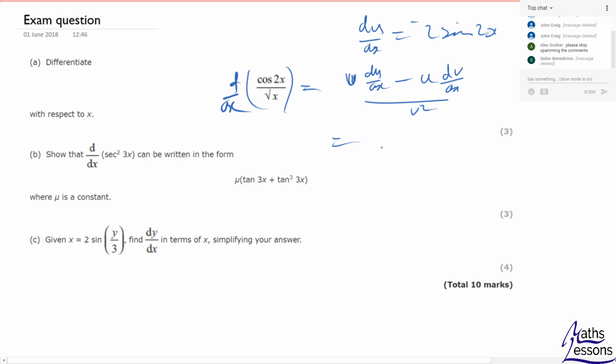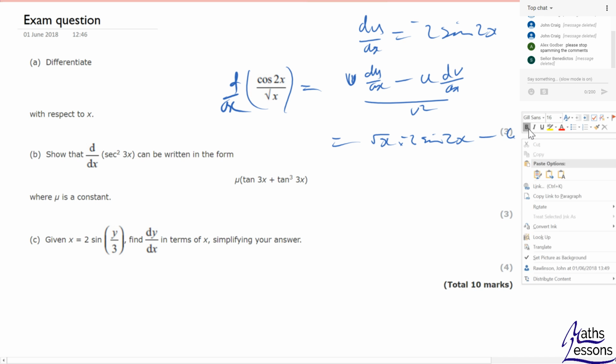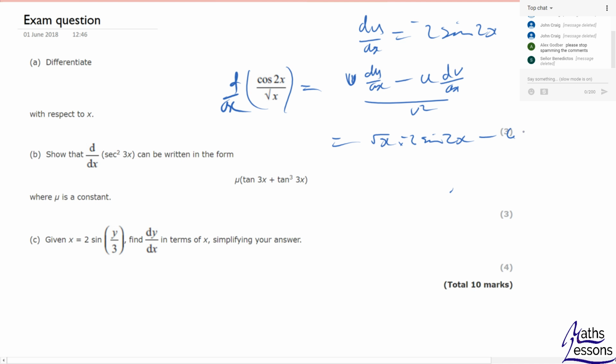So we know that v is equal to root x times du by dx, which is minus 2 sine 2x, minus, we've got u, which is equal to cos 2x times dv by dx, which is a half x to the minus half, all over v squared, which is just x.